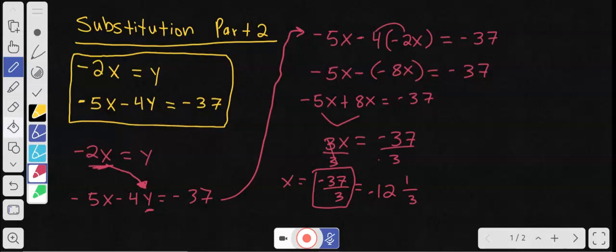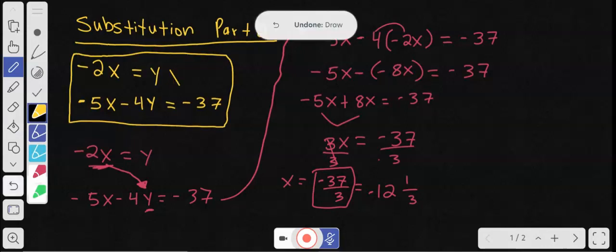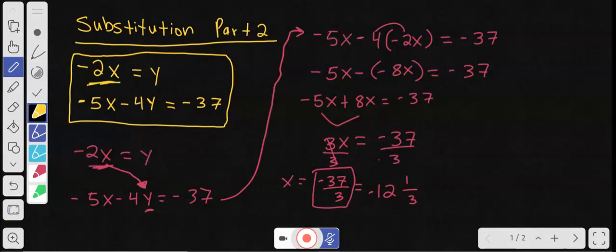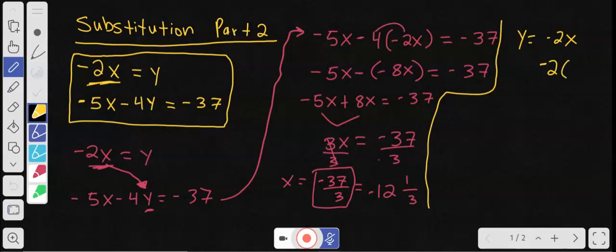The y, as indicated here, we already have, which is negative 2x. So what we're going to do is, let me put the separation here. Since y is equal to negative 2x, I'm going to replace that x and put negative 37 over 3 times negative 2.